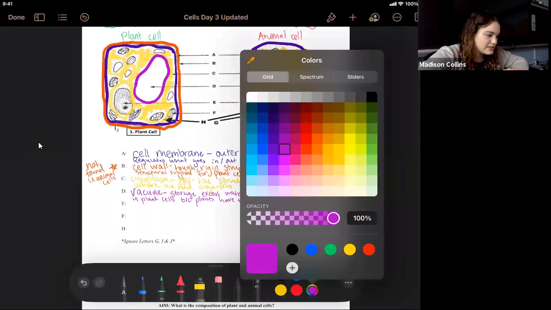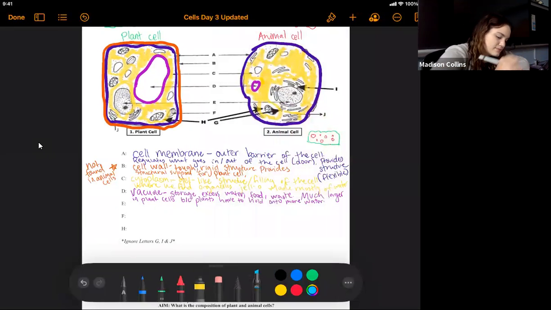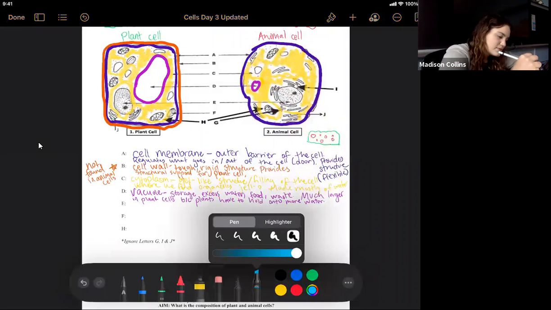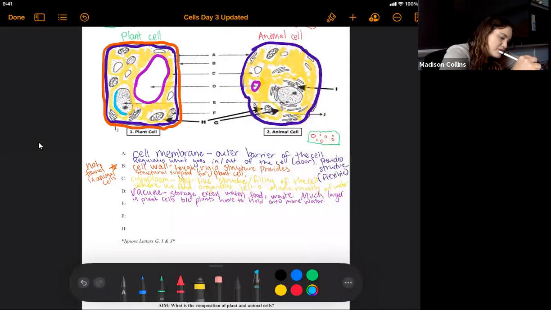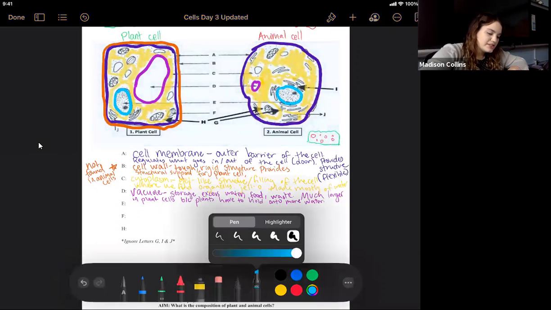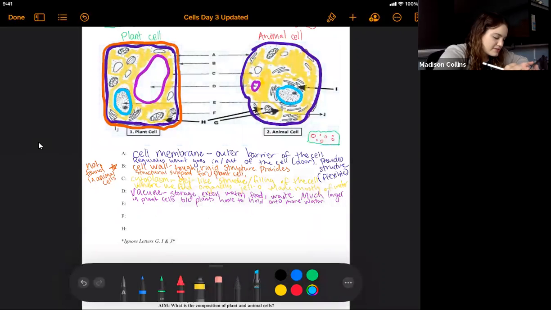All right, next up we've got structure E. So structure E, let's use this light blue color. Structure E we see in both the animal and plant cells. And it looks basically the same in both. Structure E is pointing to the nucleus. Okay, and the nucleus is like the brain of the cell.